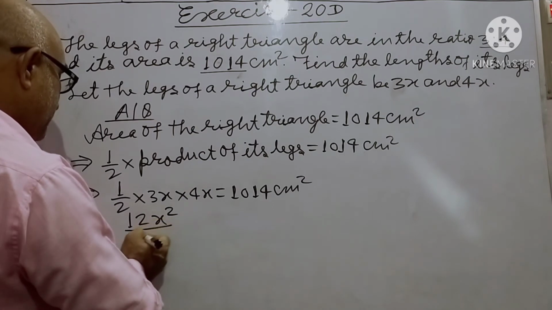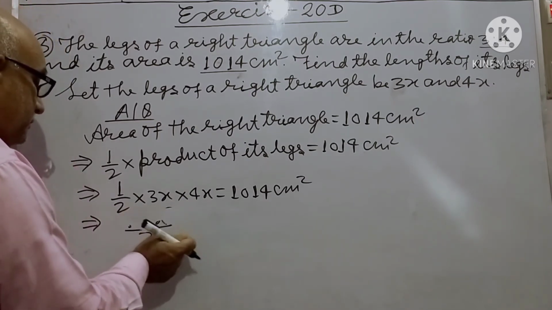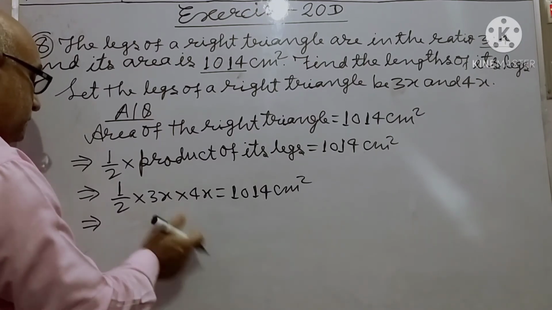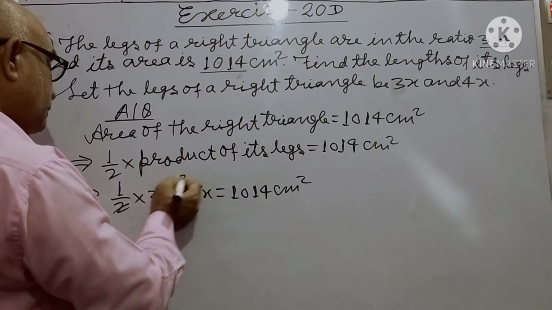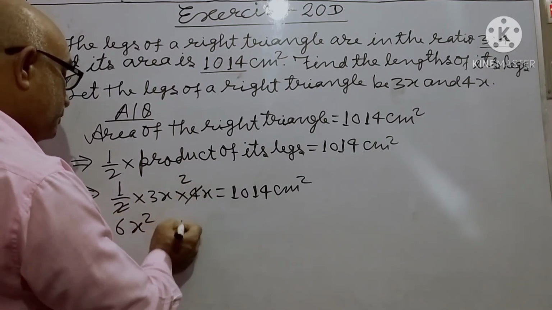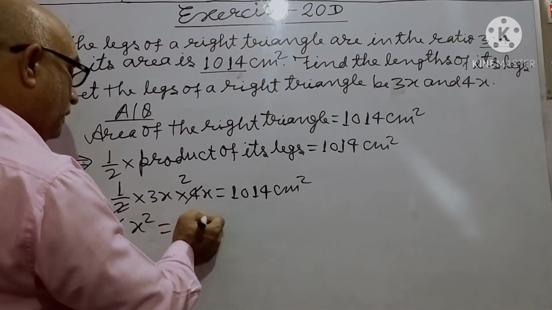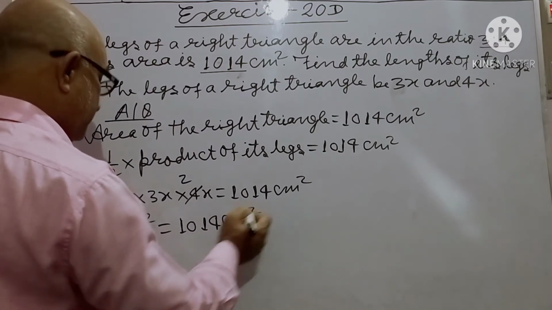12x square by 2. Here 2 into 6. So 6x square equal to 1014 cm square.